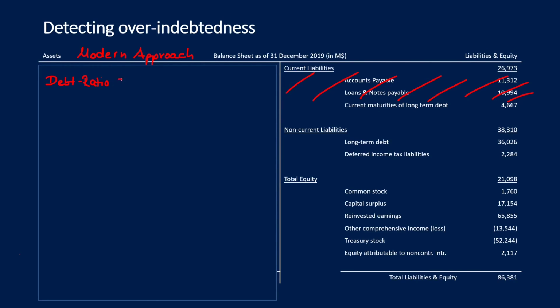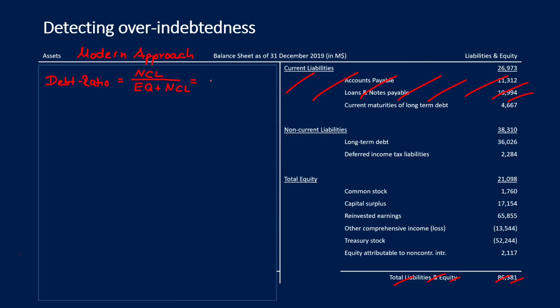Accordingly, the debt ratio is just given by non-current liabilities divided by, and of course we cannot use total liabilities and equity here because it still includes the current liabilities. That won't work. So we use the equity plus the non-current liabilities.